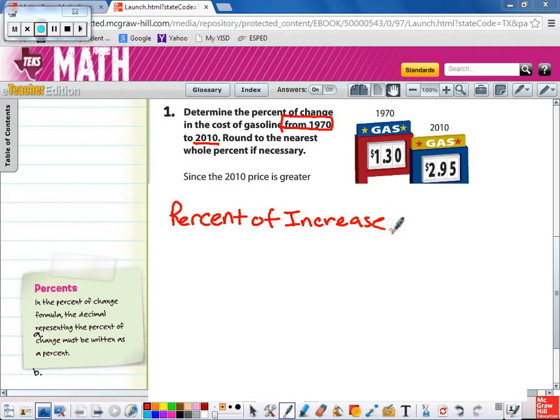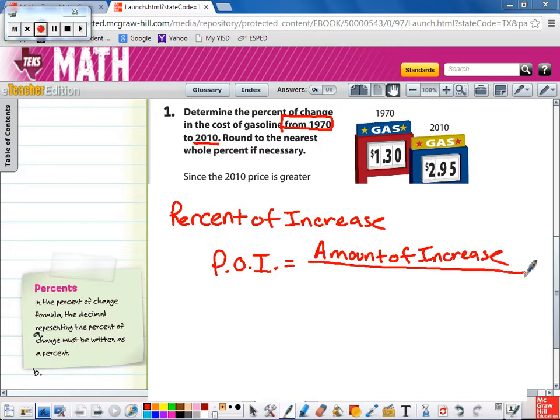Now if we look back at our formula for percent of increase, I'm just going to shorten it a little bit. Percent of increase was equal to the amount of increase, or the amount that it goes up, over our original amount.